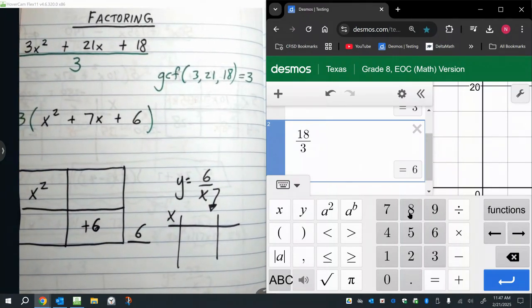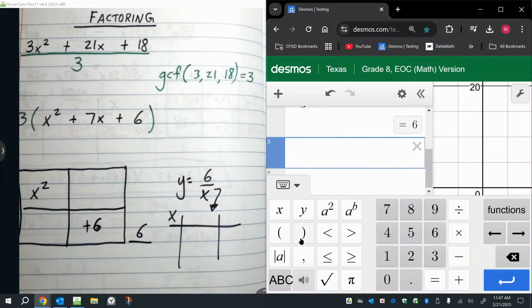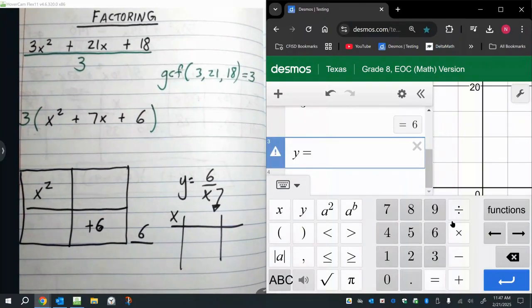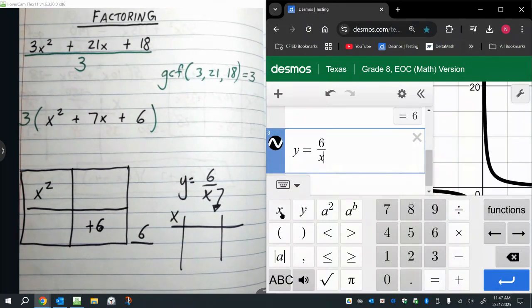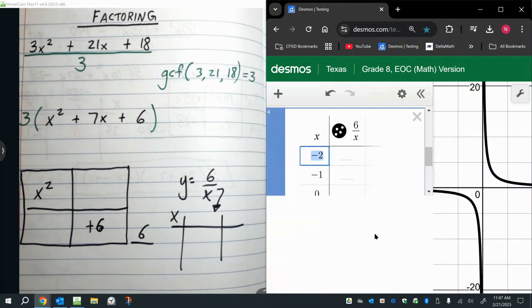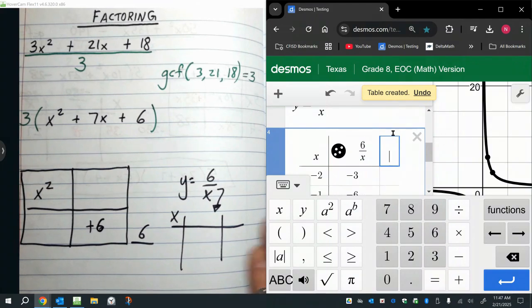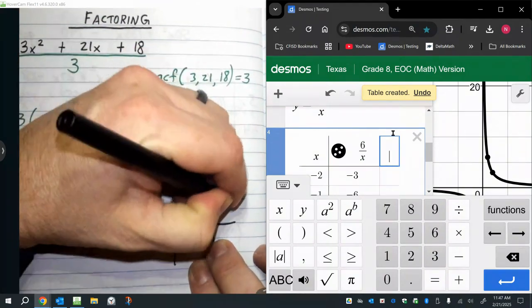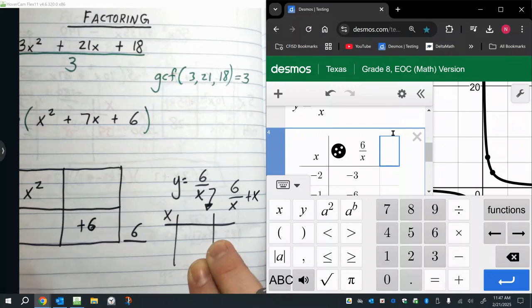So let's do it. Y equals 6 divided by x, settings, table, over here, 6 divided by x plus x.